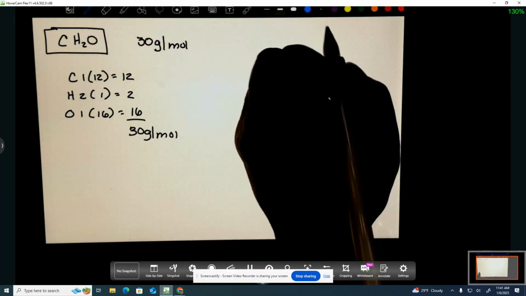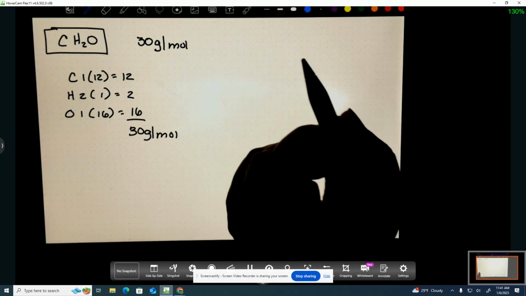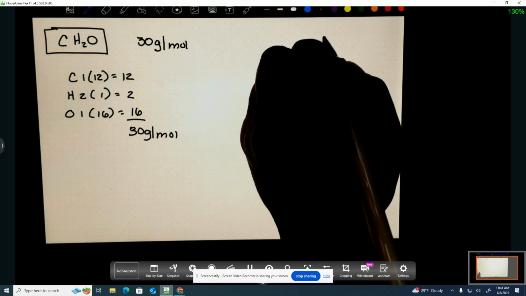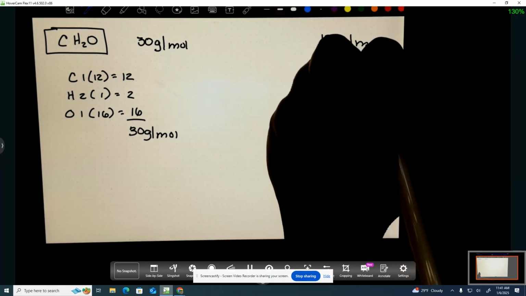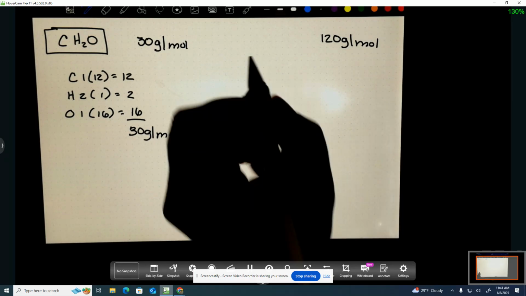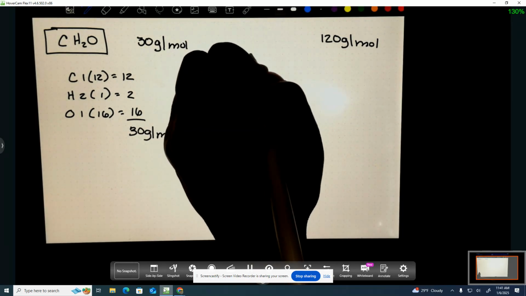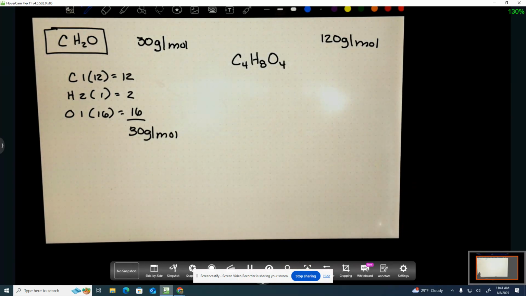Let's say I have a molecule now, listen to the words, a molecule that has the gram formula mass of 120 grams per mole. What is its molecular formula? C4H8O4. Okay, how did he get that?